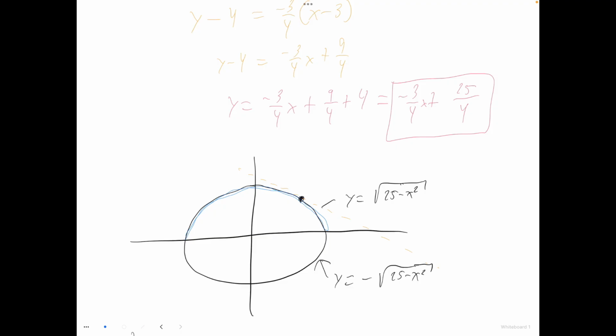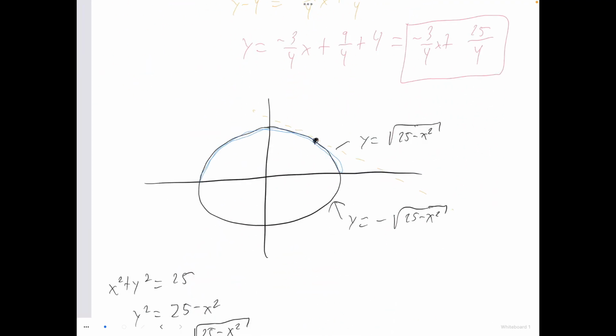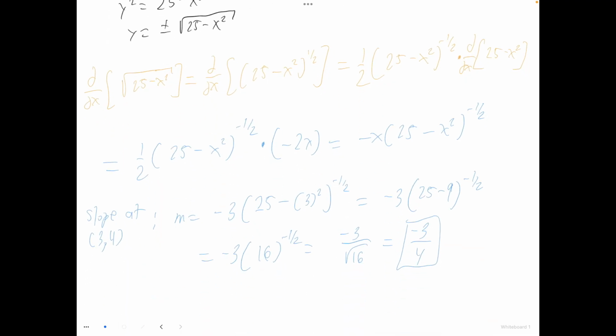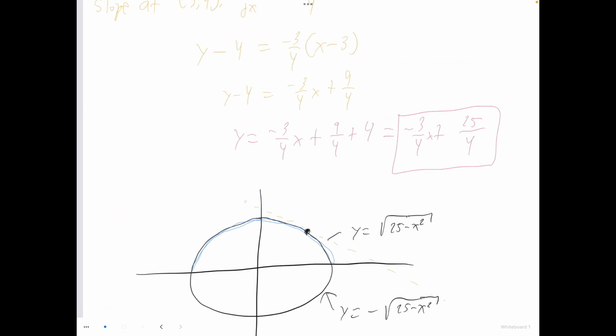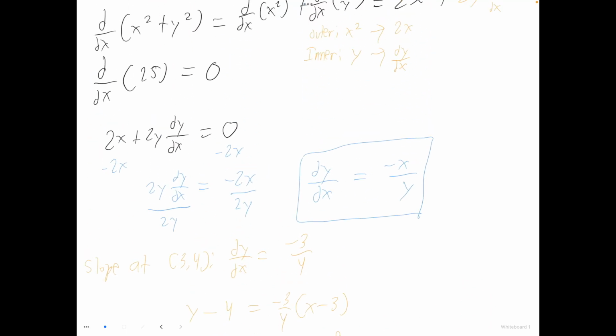And so it didn't matter if we did it using this implicit derivative method or if we actually solved for y and then computed the slope. But the one benefit of the implicit method is with the implicit derivative, this works for any point on x squared plus y squared equals 25.